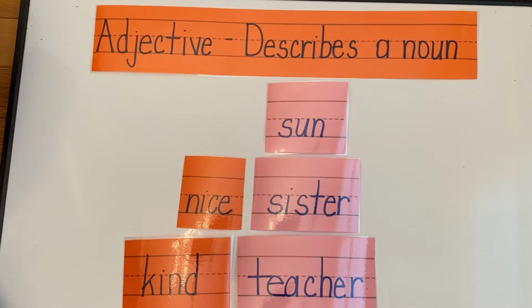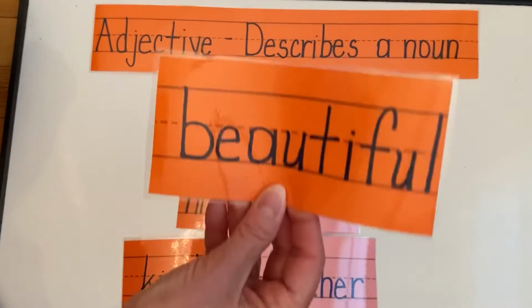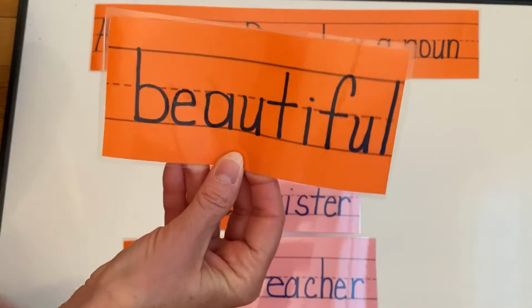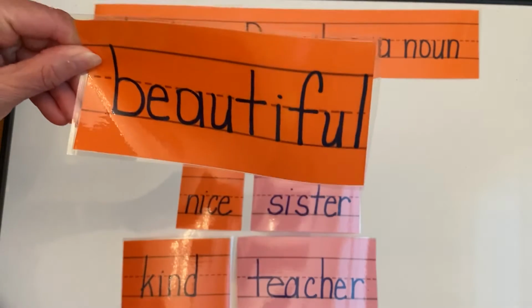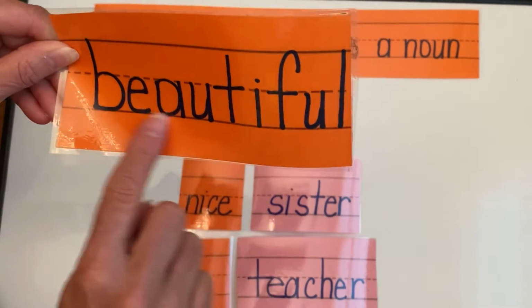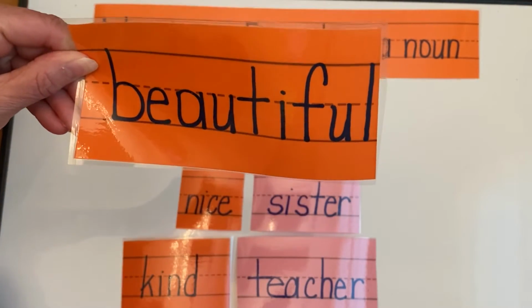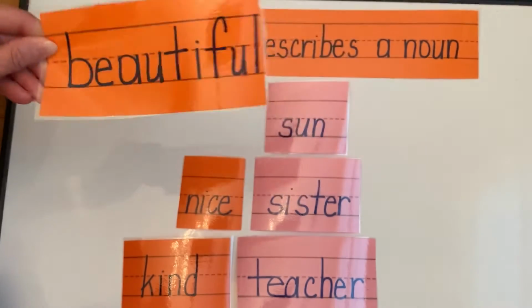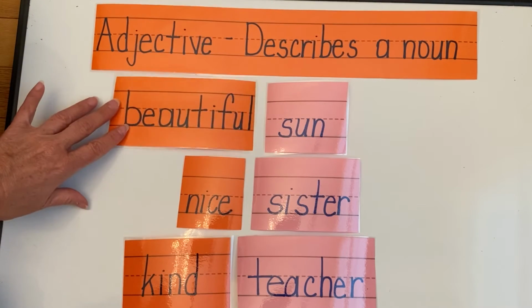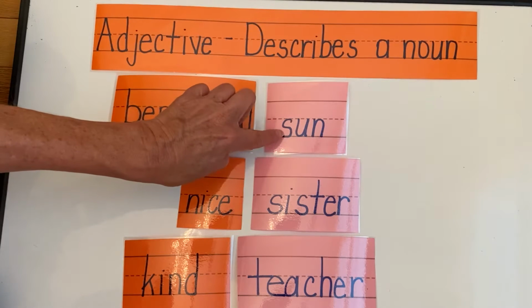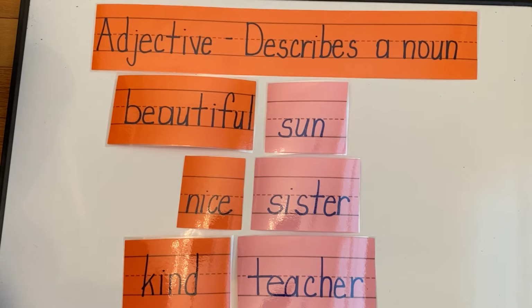All right, let's do one more. This word is beautiful. You say that with me? Beautiful. The word beautiful can be used as an adjective to the noun sun. The beautiful sun is shining in the sky.